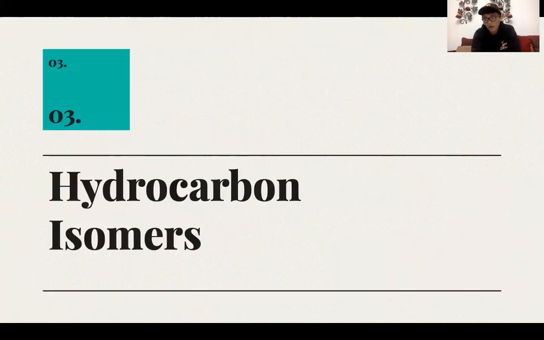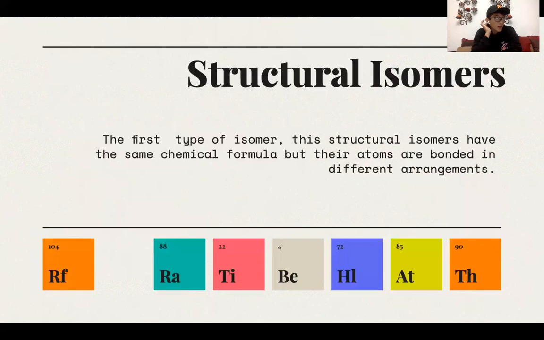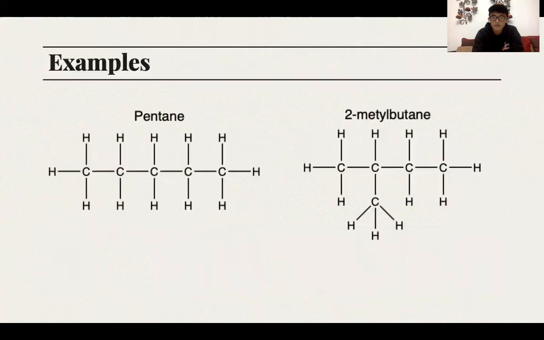Passing to our third part, hydrocarbon isomers. First of all, we need to know what an isomer is. Isomers are two or more compounds which have the same molecular formula, but different molecular structure. The first type of isomer that we have is structural isomers. Structural isomers have the same chemical formula, but their atoms are bound in different arrangements.